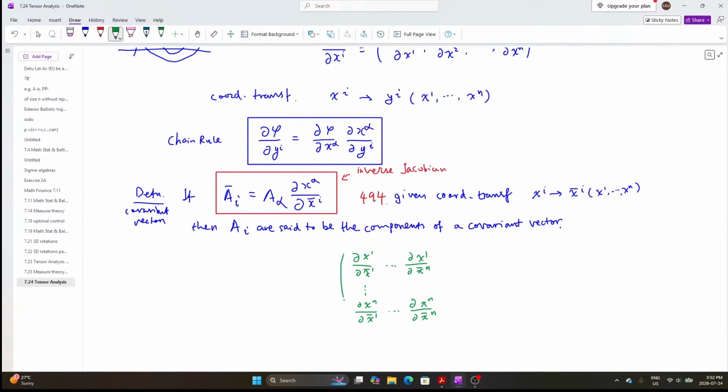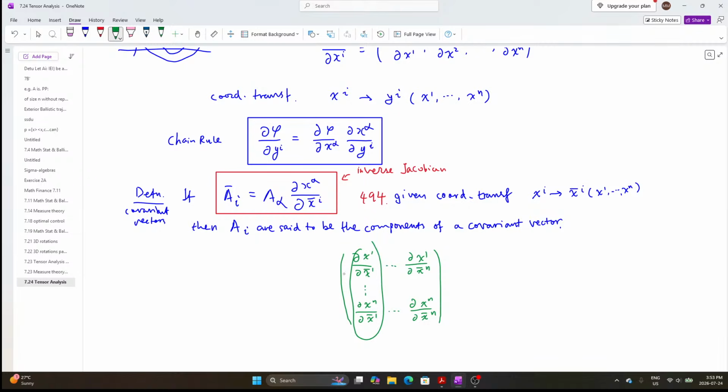That's the inverse Jacobian. So what's being summed over? Well, the upper index α is being summed over because that's repeated. So what's the upper index? The upper index stands for the row index ρ. Now ρ is being summed over.